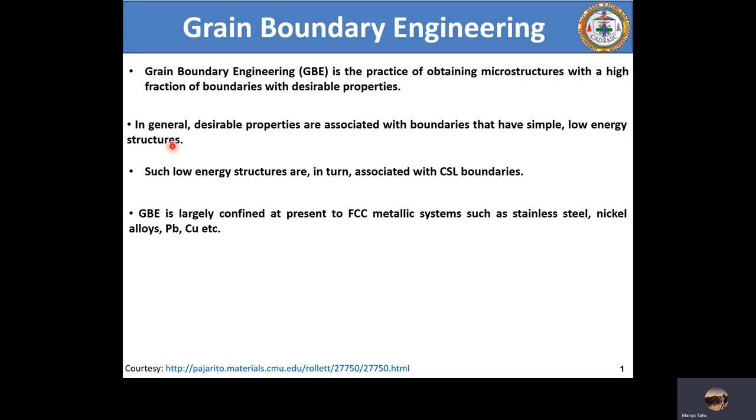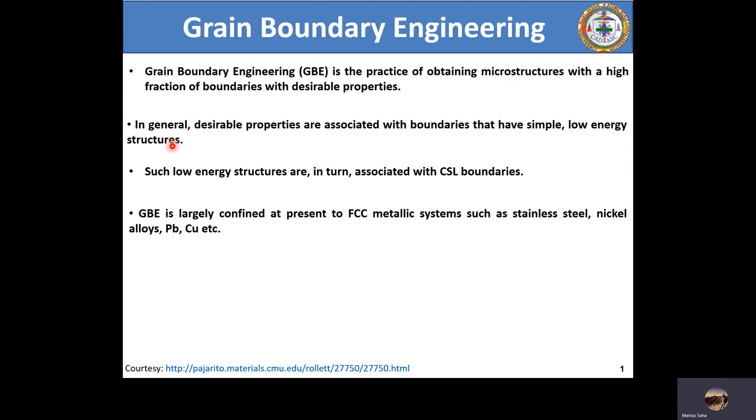Then, grain boundary engineering is at present largely confined to FCC metallic systems such as stainless steel, nickel-based alloys, lead, copper, etc. Why it is mainly limited to FCC metallic systems is because the atomic arrangement along the 1-1-1 plane, or the octahedral plane, in FCC metallic materials is the ABC stacking typically, which would be the ideal stacking there.